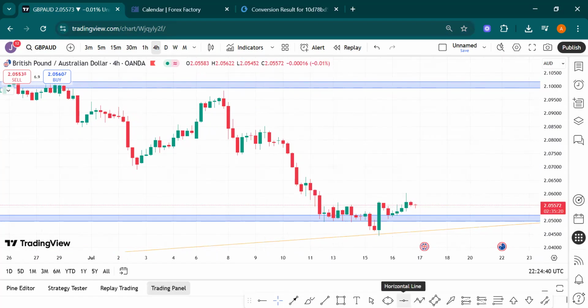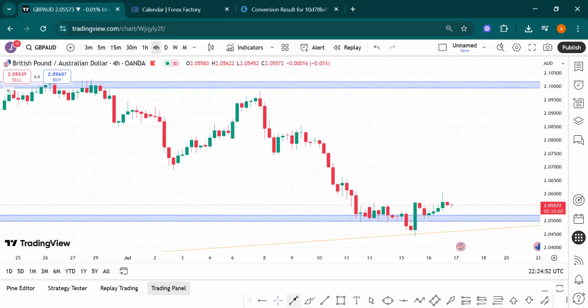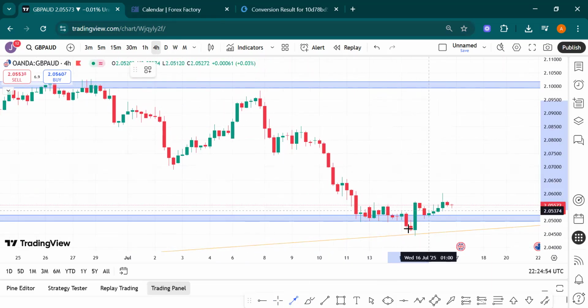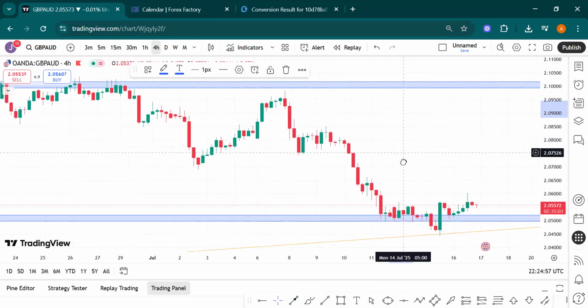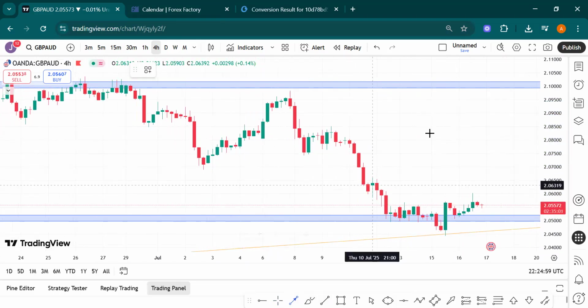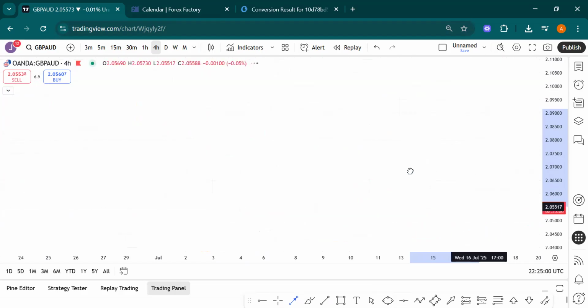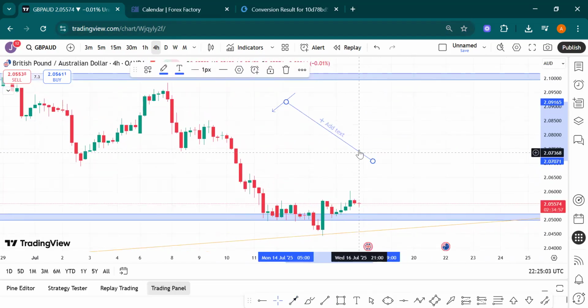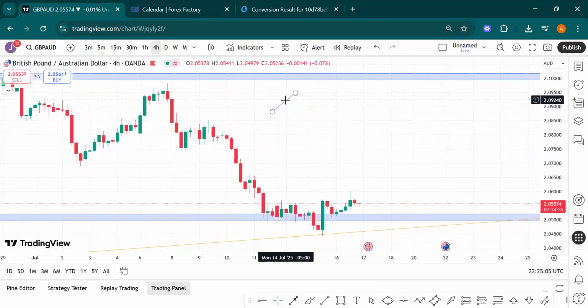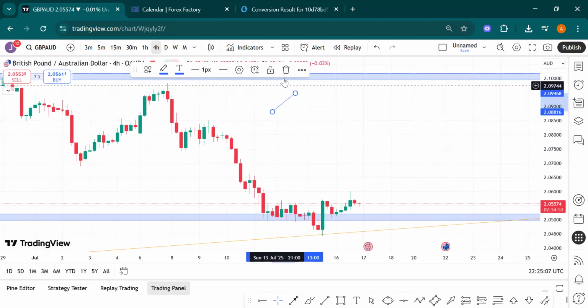Now, an inverse head and shoulder, for those of us that are not conversant with it, is a bullish reversal chart pattern, which means that if price is in a bearish direction, if price is going downwards, excuse me, my network is terrible.